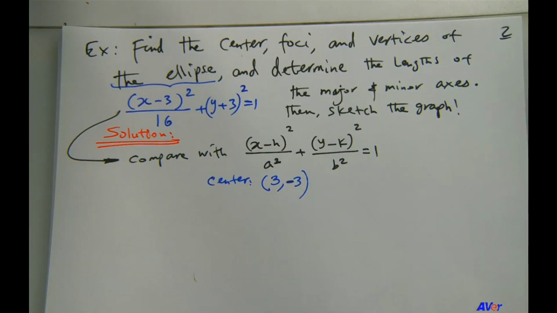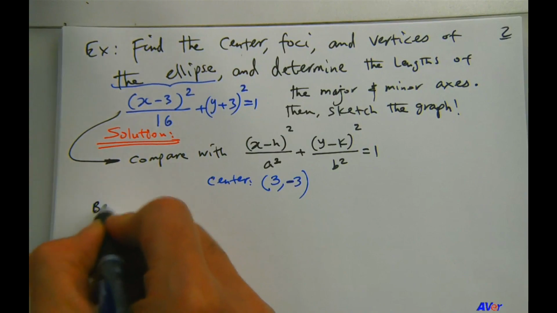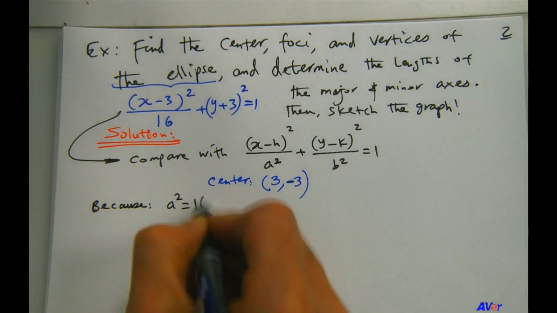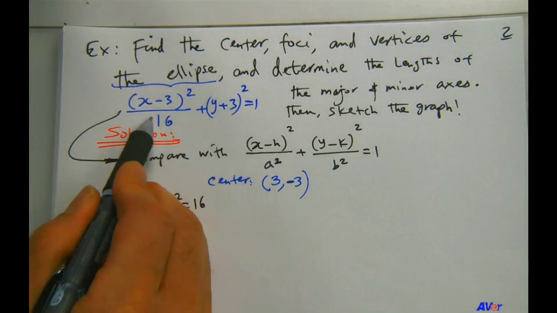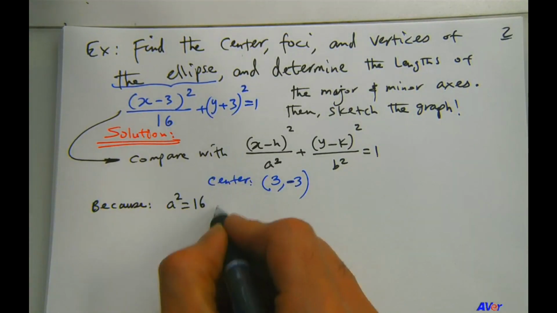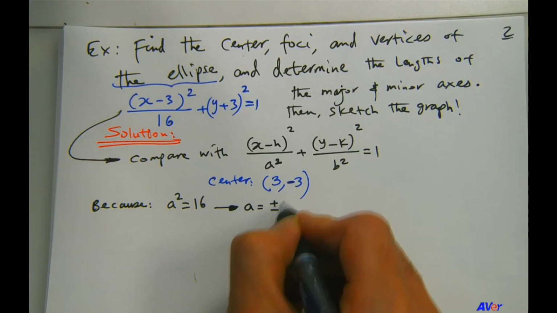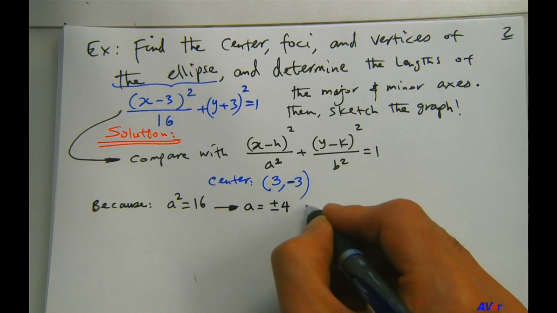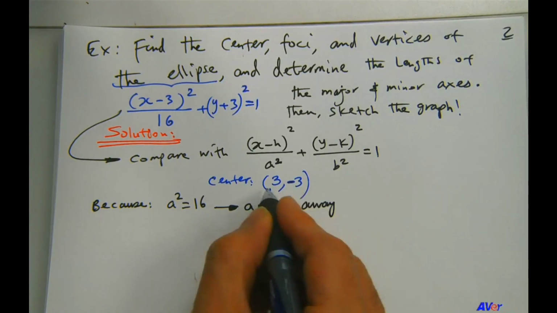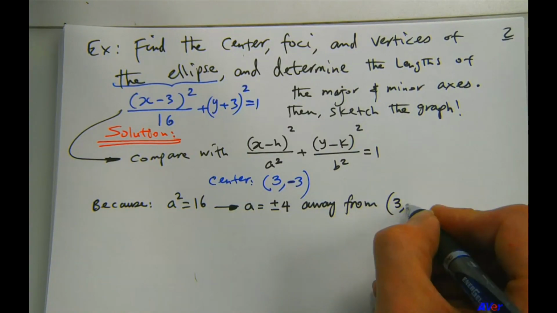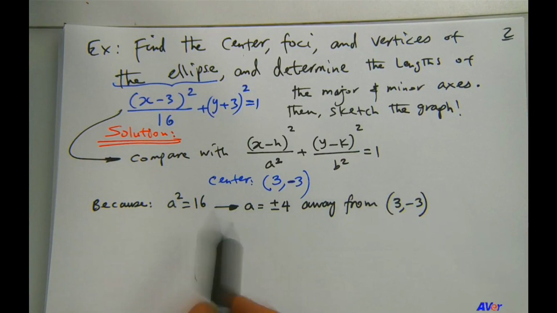All right, so looking at this again, the information given to us, we know that a squared is equal to 16, right? Just comparison. a squared equals 16. Therefore, a must be equal to plus or minus 4 away from the center, away from (3, negative 3). In which direction?